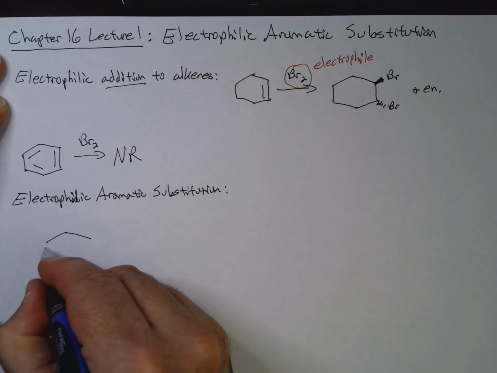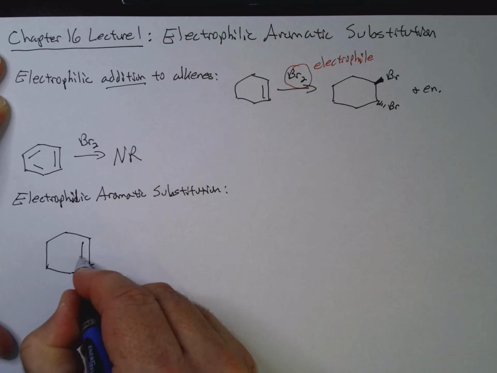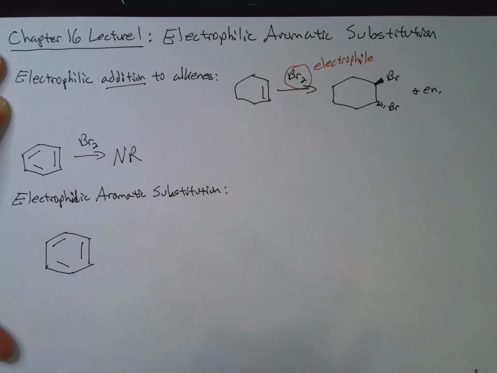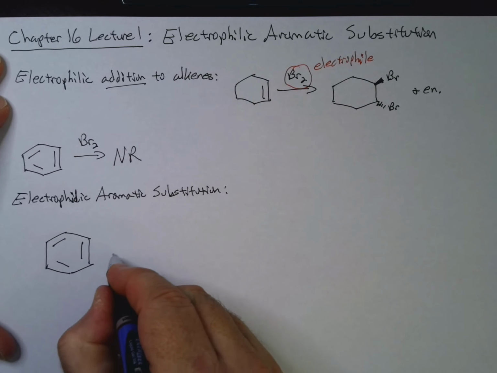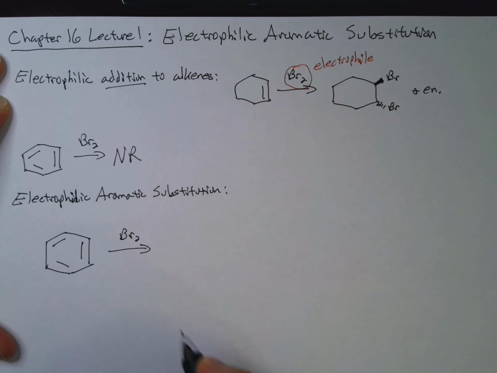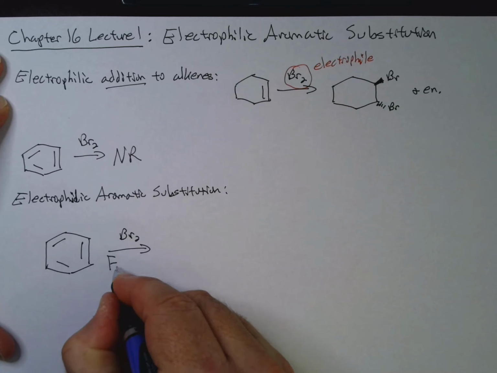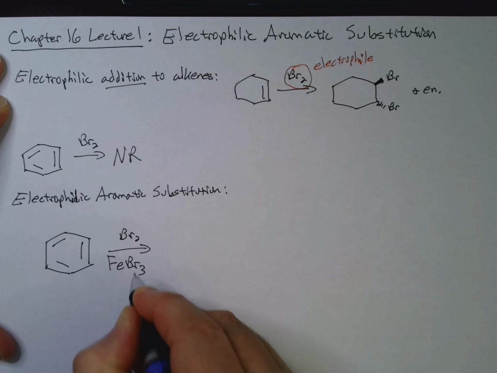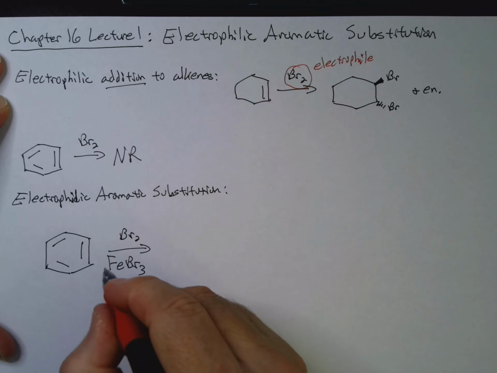And that is, we have our aromatic compound, which could be benzene, or it could be a derivative of benzene, and we'll talk about that in future lecture videos. We'll use our bromine, but then we'll also have a Lewis acid catalyst.